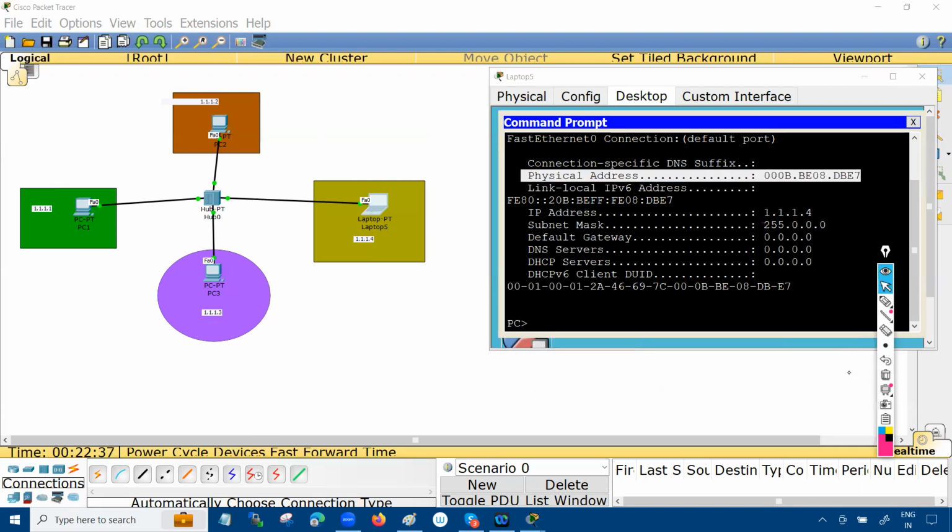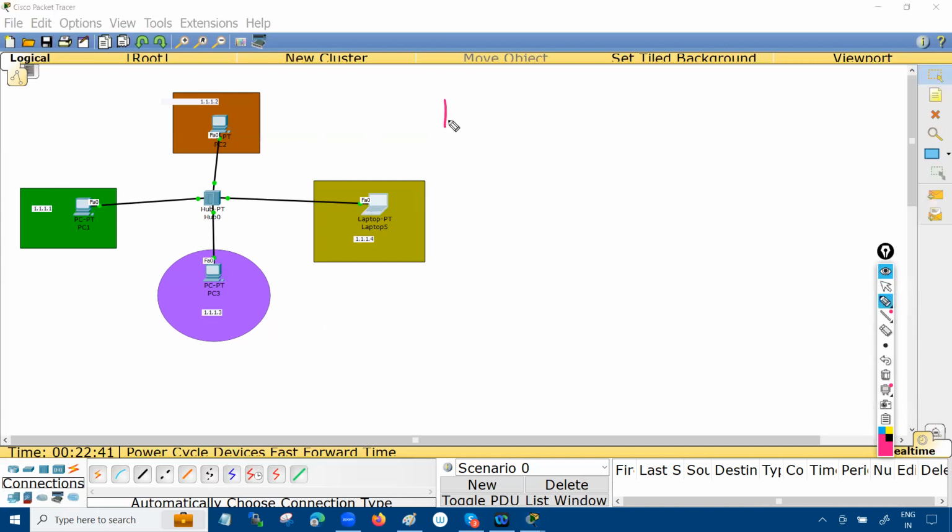Now, what I told you yesterday, if you remember, the hub is a layer 1 device, which works on the physical layer.